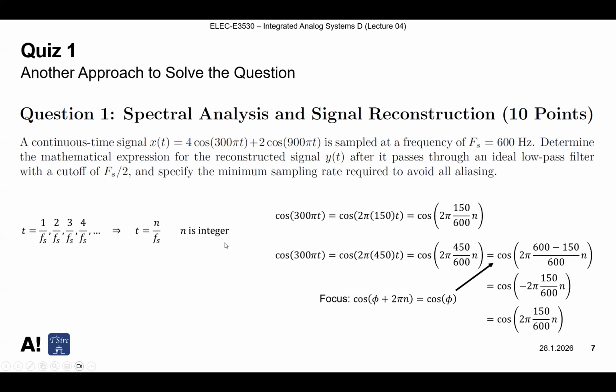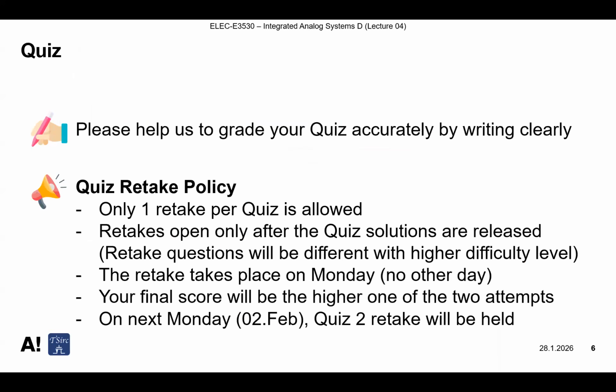Thanks. Should we each arrange it personally, or will there be a specific time? Yeah, there is a specific time, all at once, on the same day for the retake.